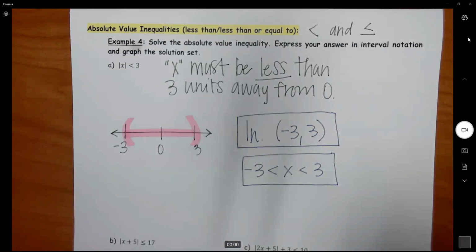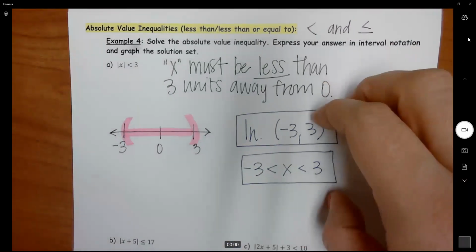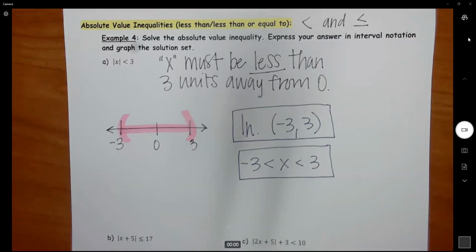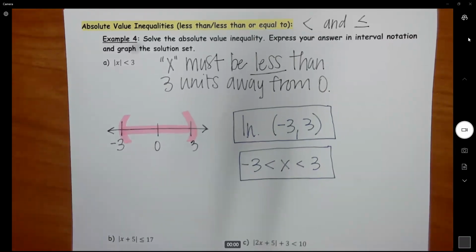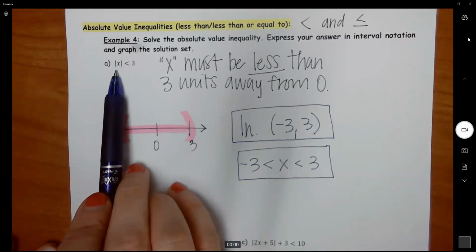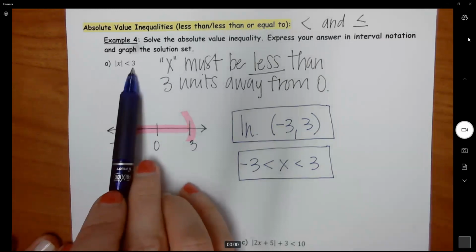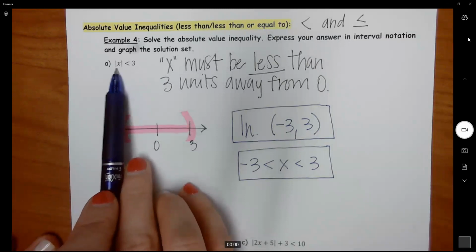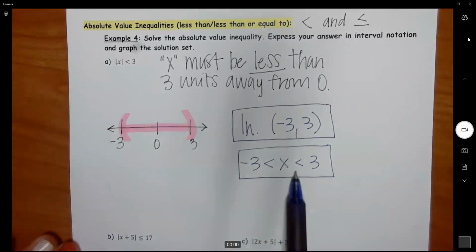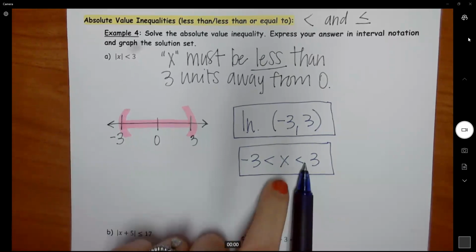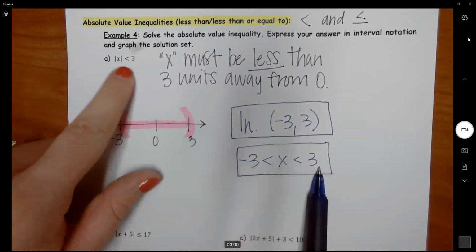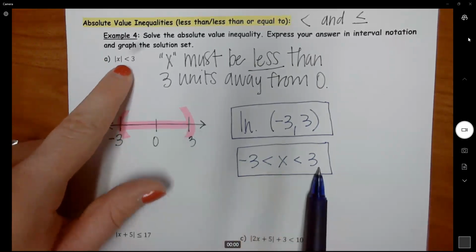So let's use this basic example here and apply it to these bottom two. Once I have this absolute value by itself, and this has to be positive, I am then going to take this, and half of this equation is going to be x is less than 3, which is exactly what this looks like without the bars.